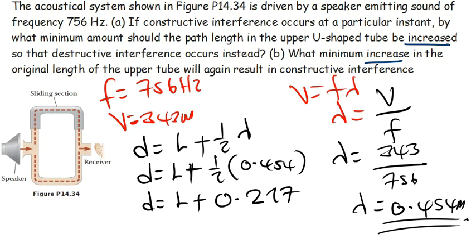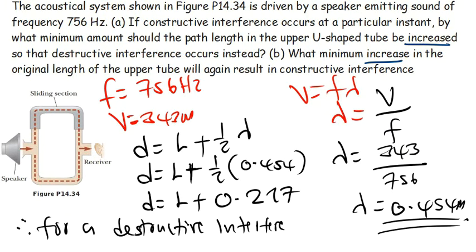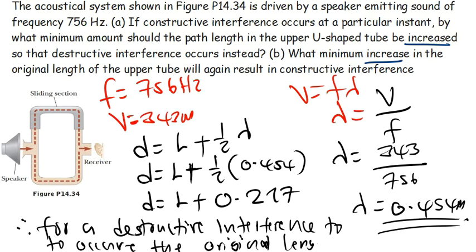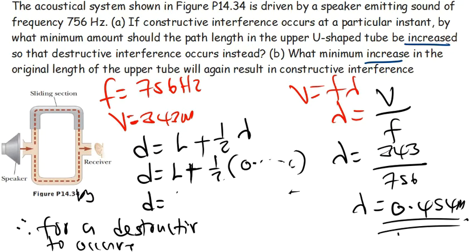So you say for destructive interference to occur, the original length must be increased by this 0.227 meters.